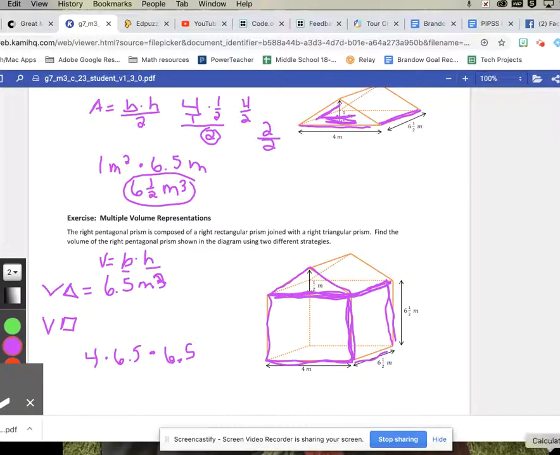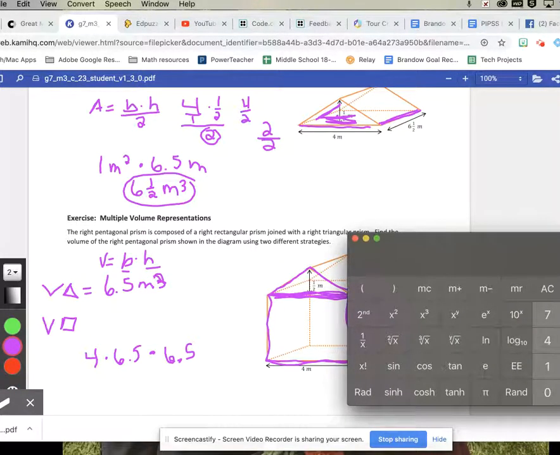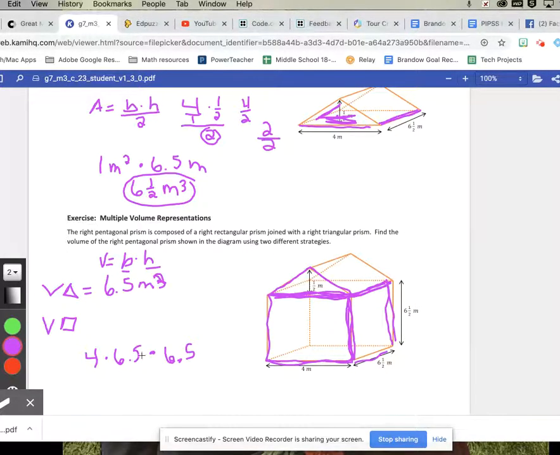Okay, so let's do this on our calculator. I need to do 4 times 6.5 or 6.5 times 6.5 equals 169. So the volume of this cube is 169.0 meters cubed. And then I can add those. So label is meters cubed. I have to add the volume of this triangle piece and the volume of this square piece.